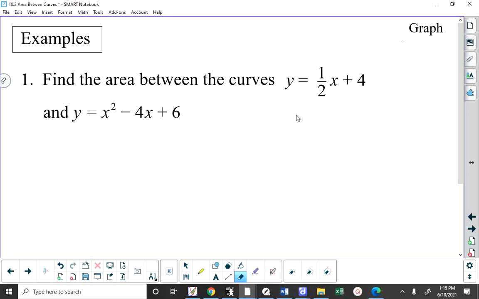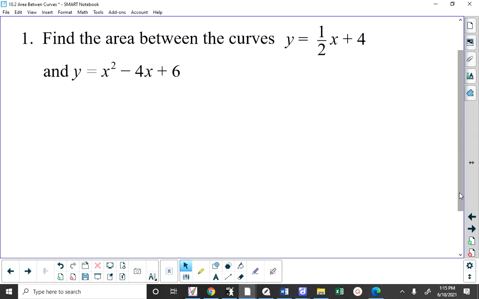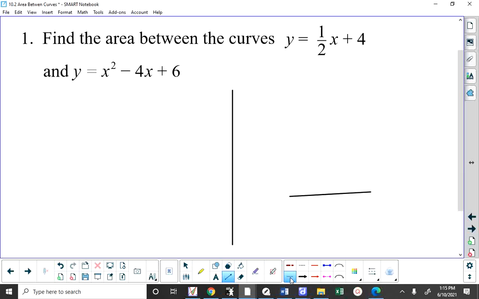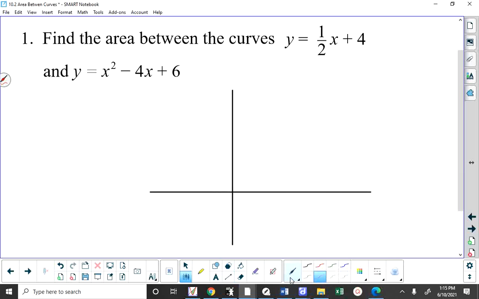Let's do a rough sketch of the linear function. The y-intercept is 4, and it has a slope of 1/2. So what does a slope of 1/2 look like? Not that it really matters. It's a positive slope, and 1/2 is a slope.